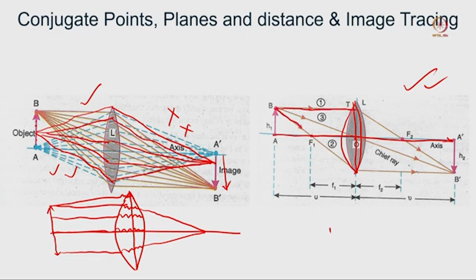One ray goes through the focal point, this is the focus point, and converges at this particular point. The same with this ray, which is called the chief ray or main ray: it goes through the center of the lens and converges at the same point.